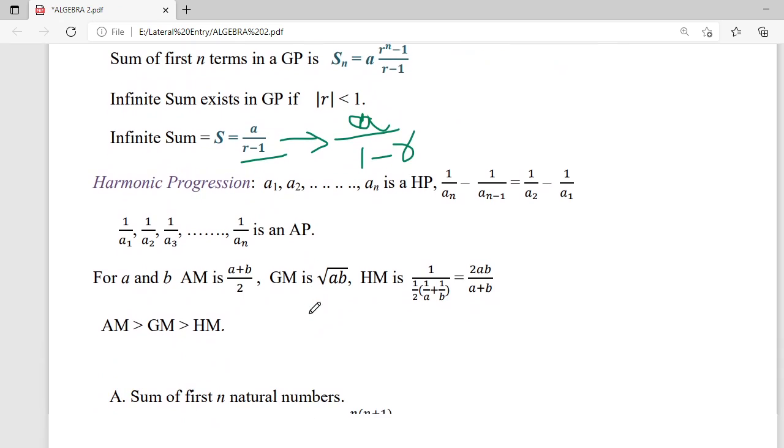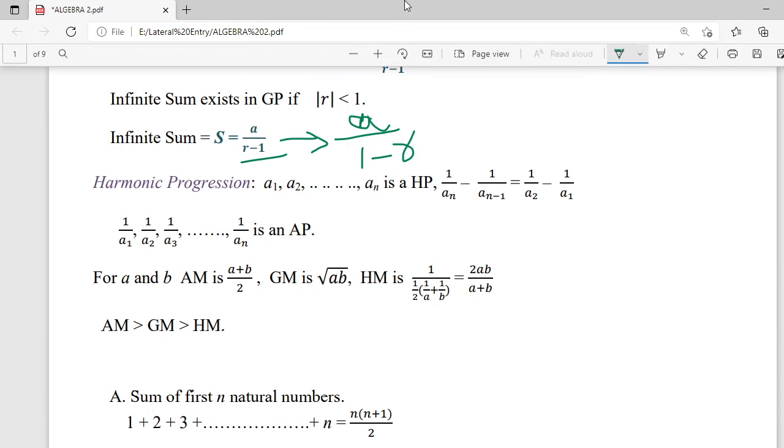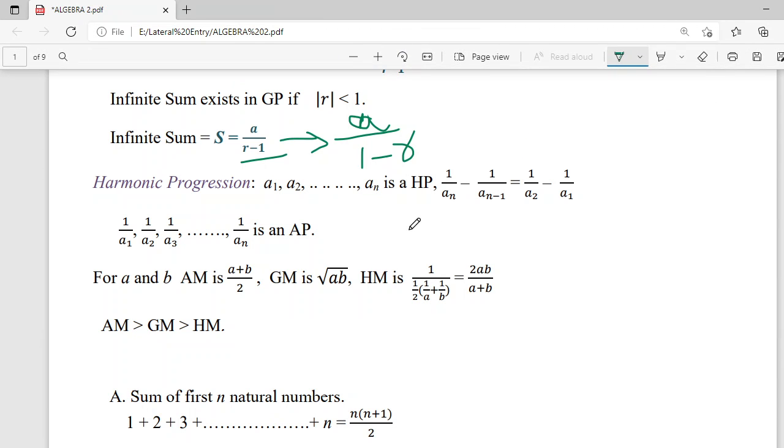So this is your GP. And harmonic progression comes from an arithmetic progression. See the definition: a1, a2, up to an is an HP if 1 by a1, 1 by a2, 1 by a3, up to 1 by an are in AP, arithmetic progression.